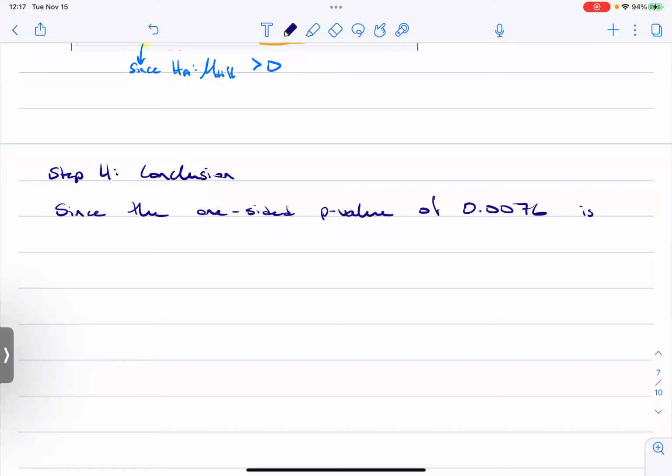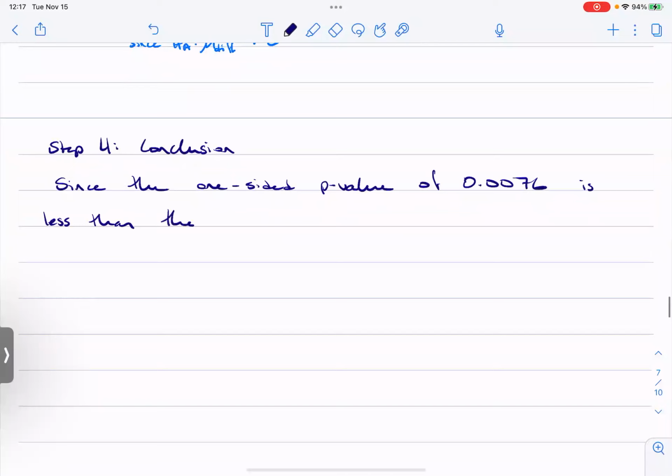And it is less than the assumed alpha level. Assumed because I'm not going to scroll back up there, but there was no alpha level that was given, so that's fine. Assumed alpha level of 0.05.